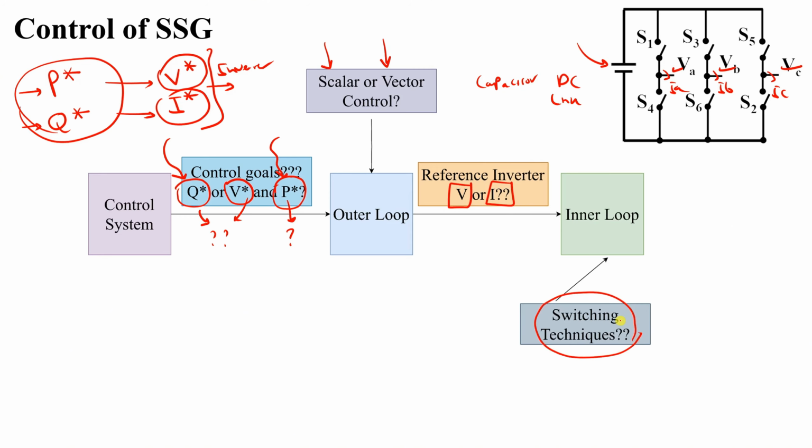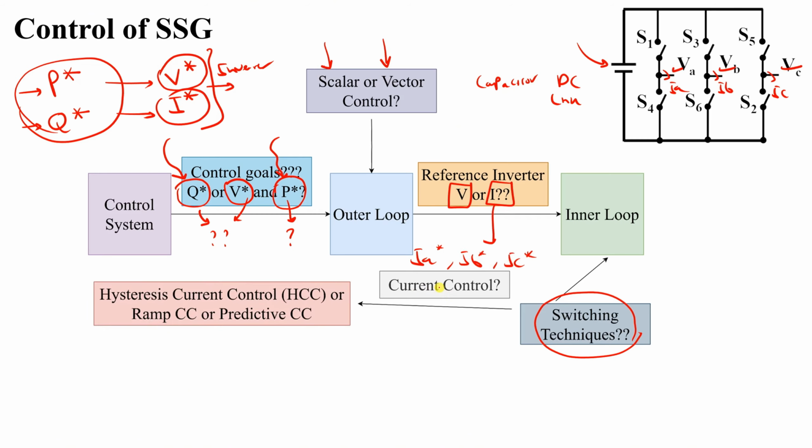For example, if we are going to get IA reference, IB reference, IC reference based on these two, then I'm going to use one of the current control techniques like hysteresis current control, ramp current control, or predictive current control. These are different control techniques that will convert these reference currents into pulses to these switches here.